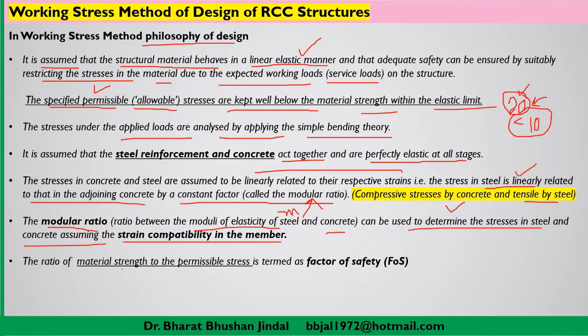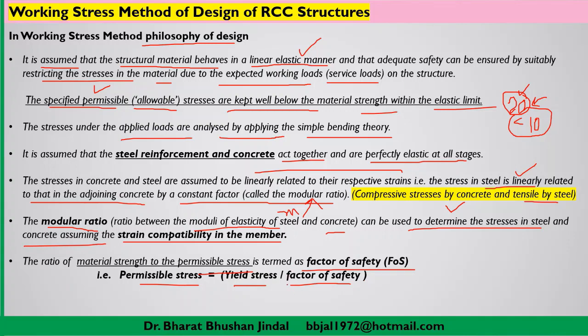Now the ratio of material strength, as we discussed, to the permissible stress will be termed the factor of safety. So permissible stress will be the yield stress, which is the material strength, divided by the factor of safety. For example, if you are taking a steel of grade Fe 250, then its yield stress will be 250 MPa, but you will divide it by some factor of safety.